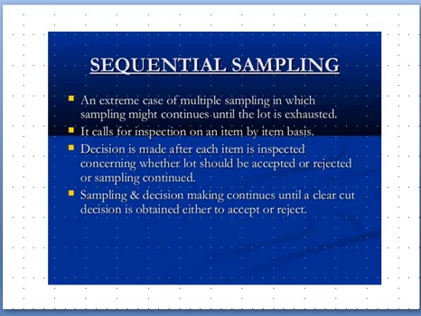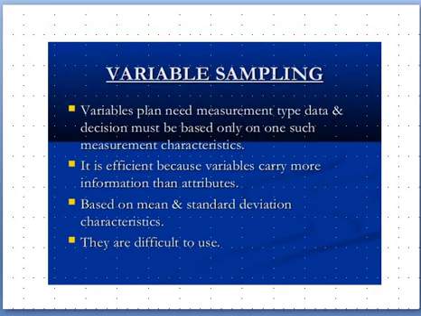Sampling and decision making continue until a clear-cut decision is obtained either to accept or to reject the lot. So in sequential sampling there is a continuous process of checking the parts up to the result.